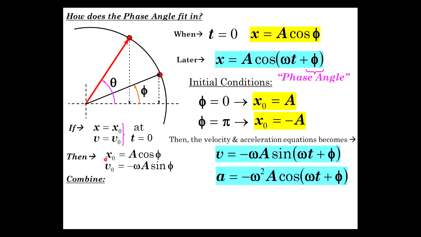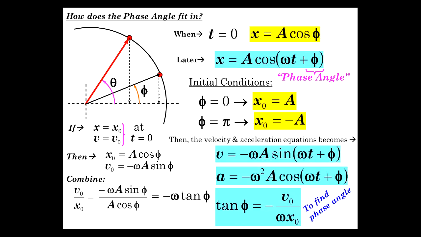Let's combine these together. We're going to divide these as follows. v0 over x0 gives us minus omega A sine of phi over A cosine of phi, which is minus omega tangent of phi. So we can solve for tangent of phi. Yay! Minus v0 over omega x0.